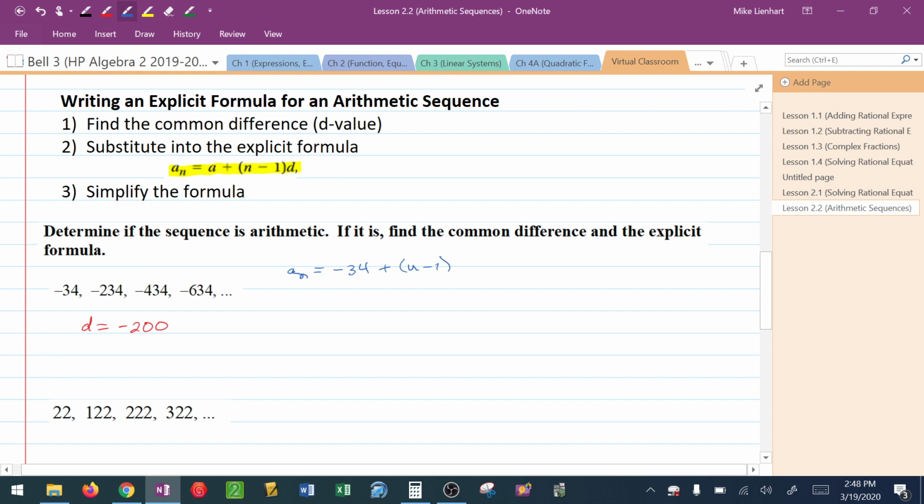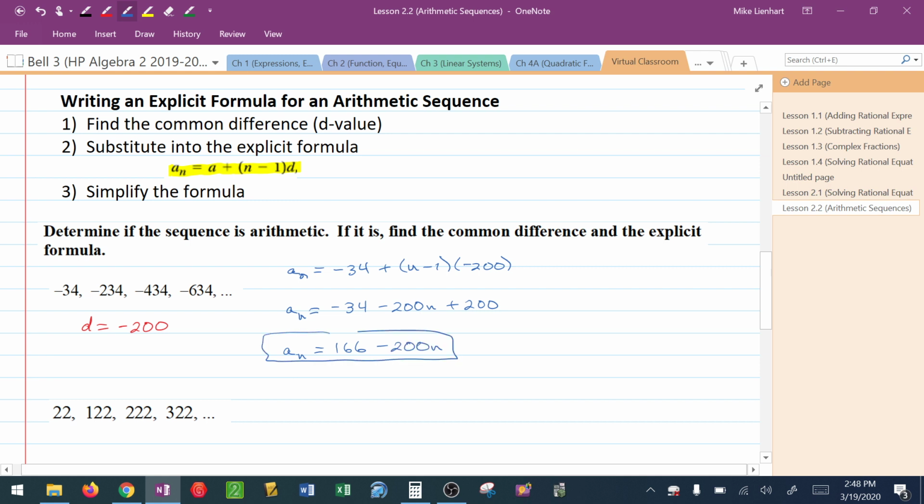I don't know n, the position I'm going to be asked to find, times negative 200. All I need to do to get this explicit formula is clean up the right side. I have a sub n equals negative 34 minus 200n plus 200, or a sub n equals negative 34 plus 200, that would be 166 minus 200n.